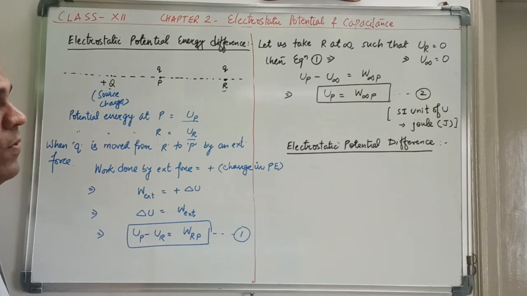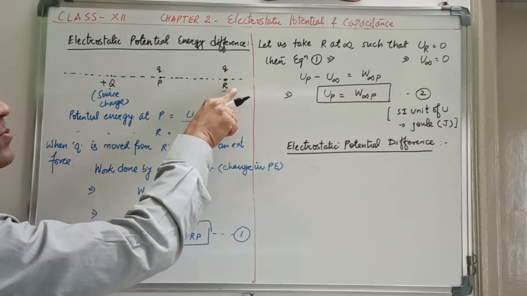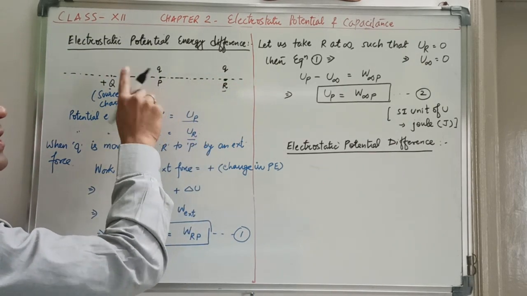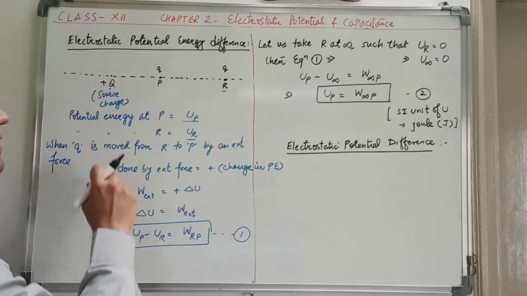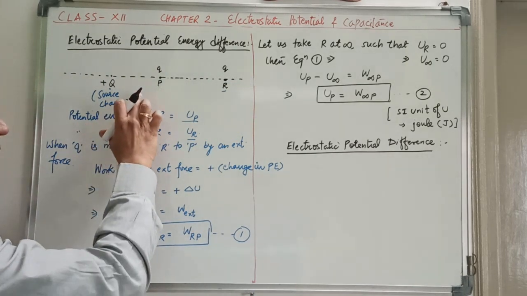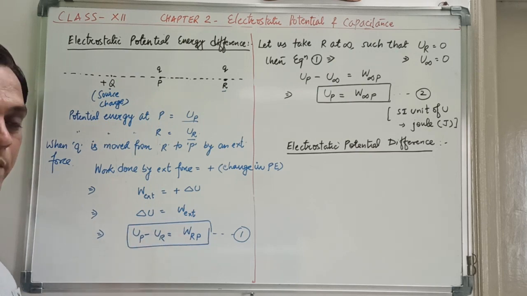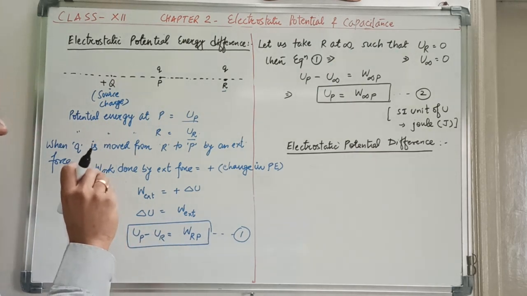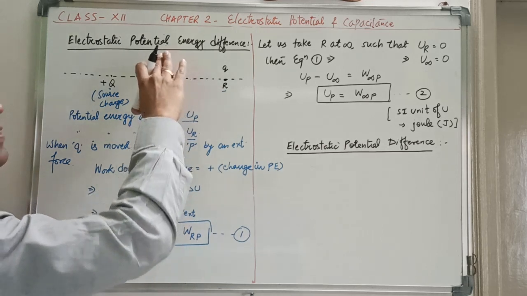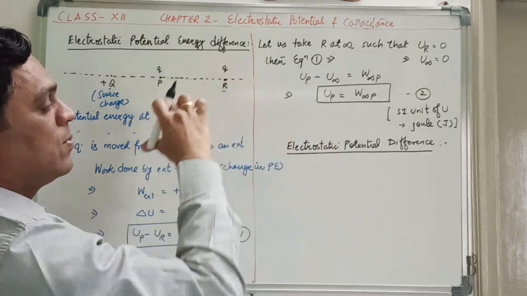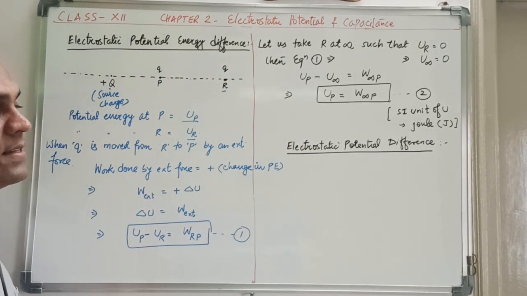Now, whenever the charged particle Q is moved from R to P without changing its kinetic energy, then the change in potential energy is defined as UP minus UR is equal to WRP only, correct? So in this case we can define one more physical quantity with the help of potential energy, and that is known as electrostatic potential difference here.